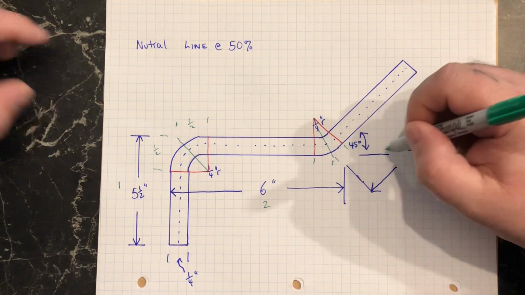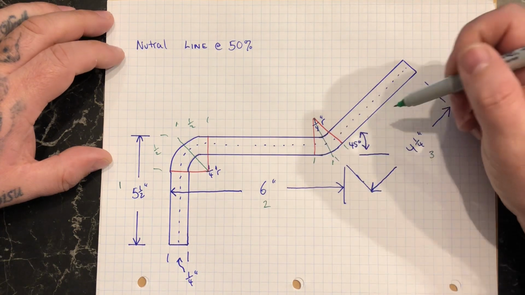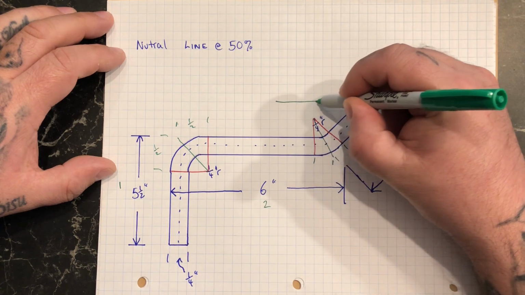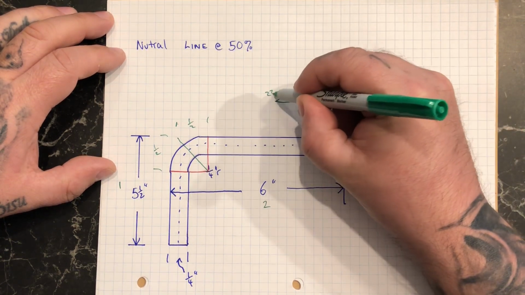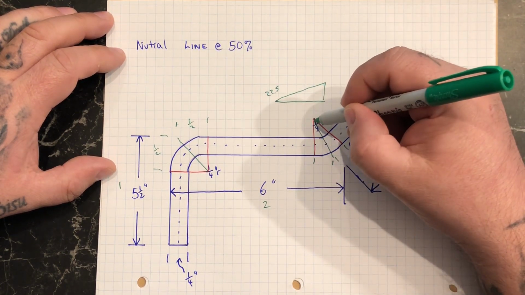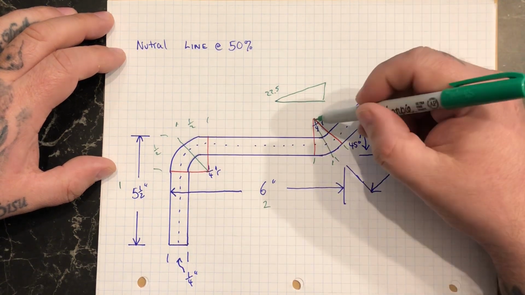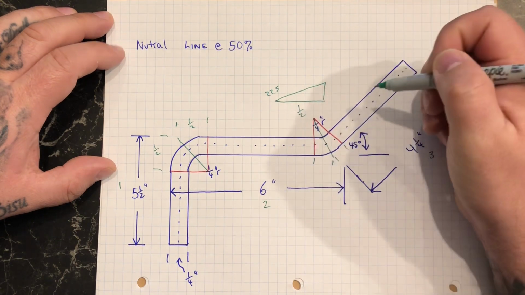It's a 45-degree angle here, which means this little angle is a total of 45. So if I cut that angle in half, we get 22.5 degrees. The distance from here to here is also a 1/2 inch. It's a 1/4 inch and a 1/4 inch material, so we have a 1/2 inch.